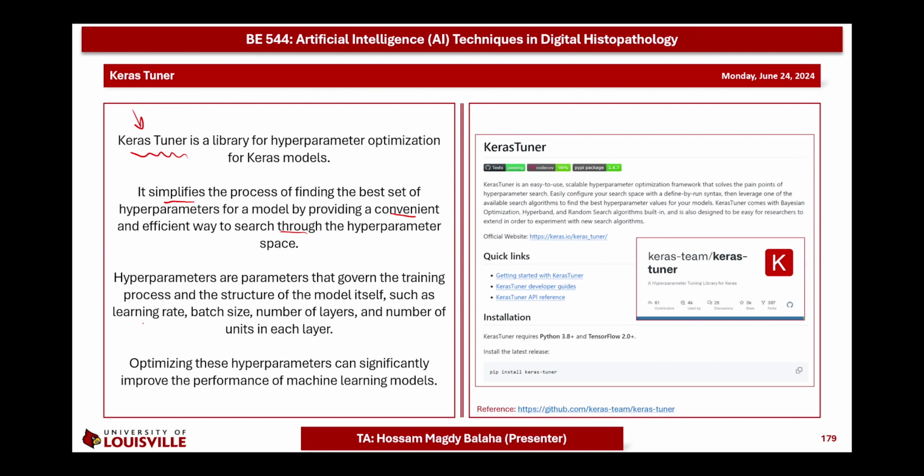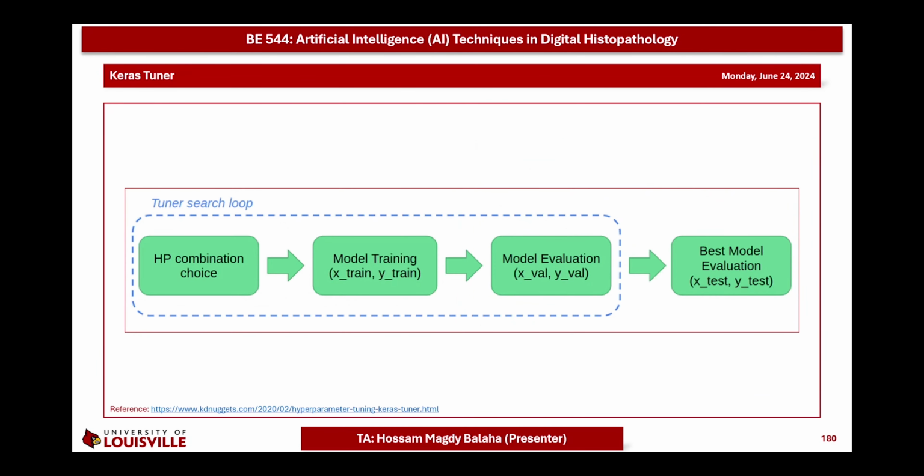Examples of the hyperparameters, as mentioned: the learning rate, batch size, number of layers, and the number of units in each layer. As shown in the right figure, you can install Keras Tuner using the pip command pip install keras-tuner. The tuning process is displayed in the following figure.